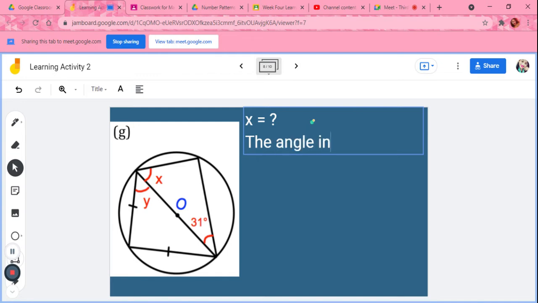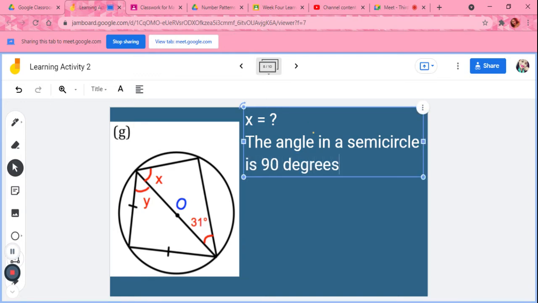The angle in a semicircle is 90 degrees. Now, once I have that information, I repeat the same procedure: 90 plus the other angle, which is 31. How much is that equal to? 121. Very good.